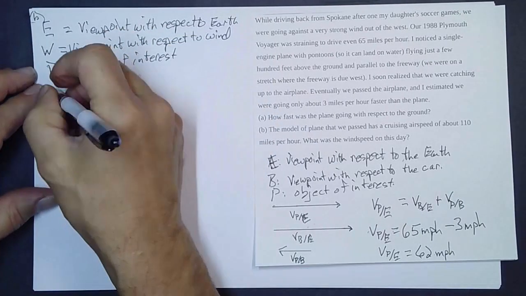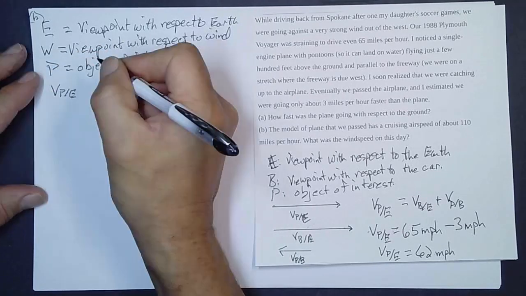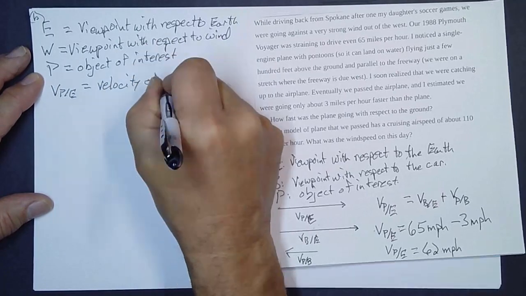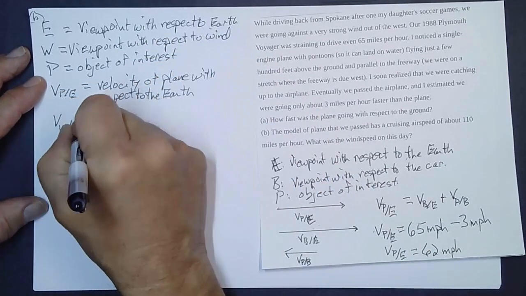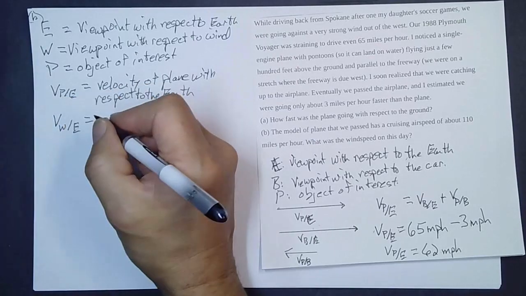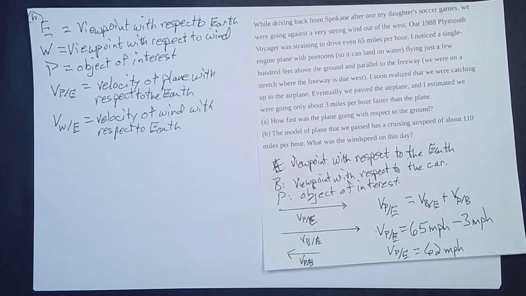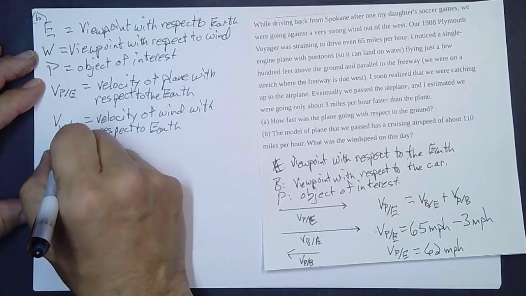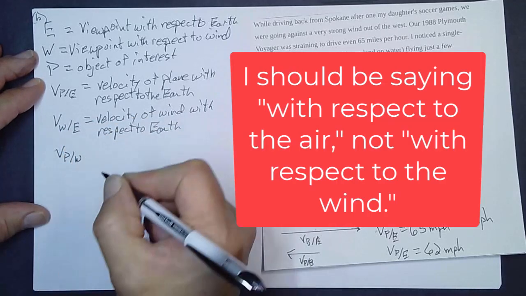And so we will have the velocity of the plane with respect to the Earth, which we happen to know. We'll have the velocity of the wind with respect to the Earth, which we don't know. And finally, we'll have the velocity of the plane with respect to the wind.